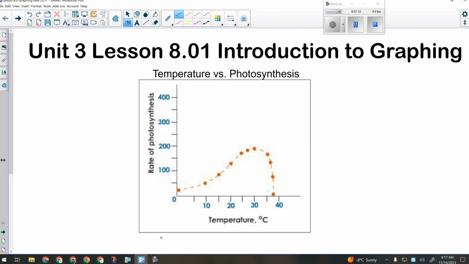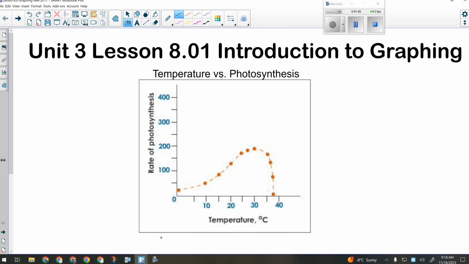Okay, so what's the purpose of graphs? What do they do for us? Give us a visual of what happens with anything really. Yeah, they give us a quick visual reference of the relationship between two things. Those two things are always your manipulated variable and your responding variable. The manipulated variable always goes on the x-axis. There's a couple things you might want to write down as we go along here, guys.